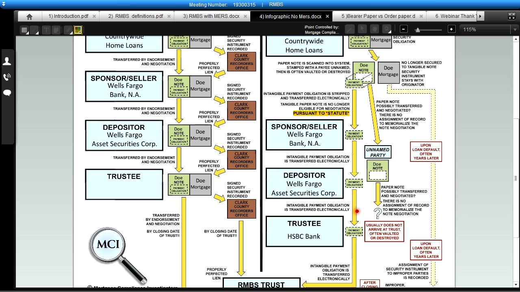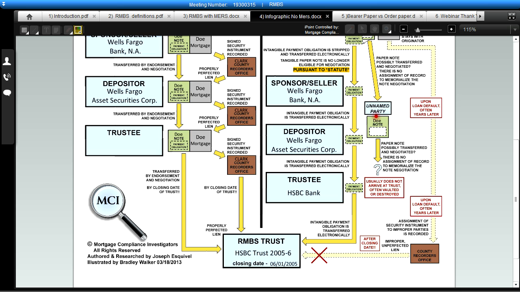So with the mortgage being unable to attach itself to the debt, there are no ways to transfer to enforce the power of sale clause that is in the mortgage or in the deed of trust. Now many times, again, it usually happens only upon default of the intangible payment obligation.